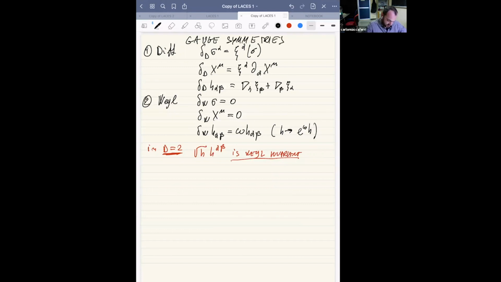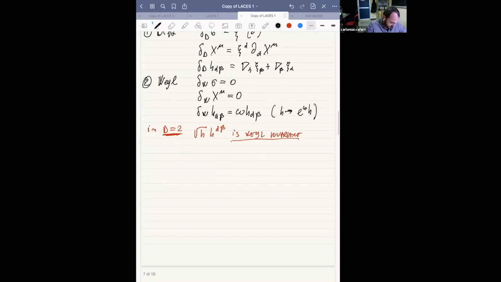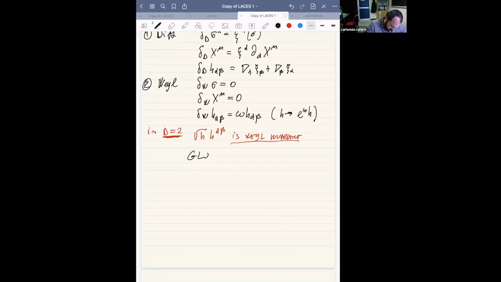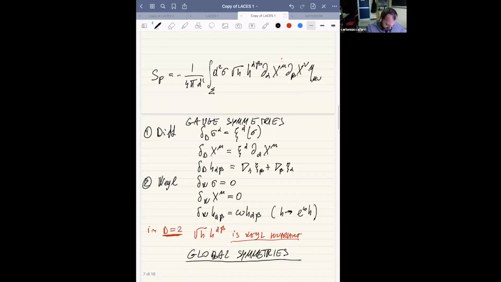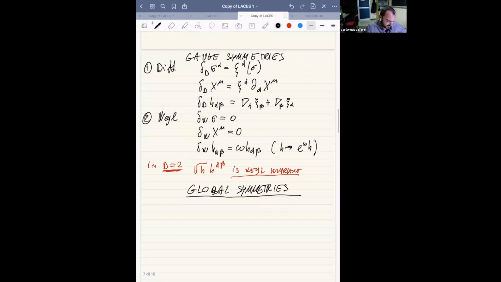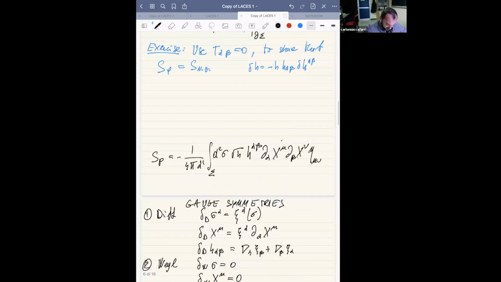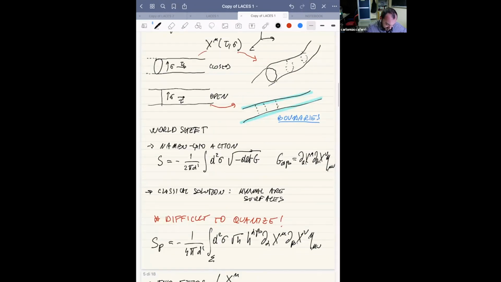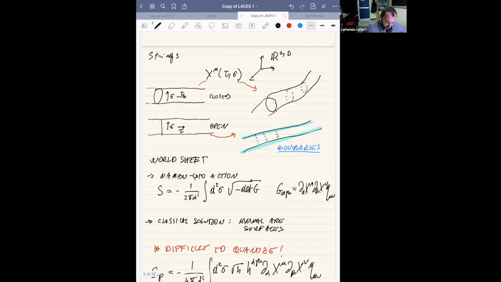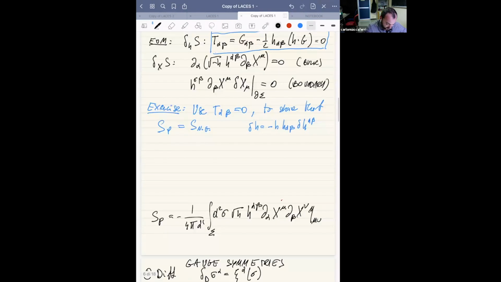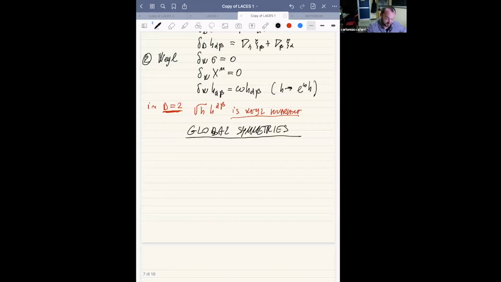And now this action has also global symmetries, of course, from a two-dimensional point of view. The global symmetries are essentially inherited from the properties of the embedding space where I have embedded my worldsheet here. Okay, so this is R^{1,D-1}, so there is Poincare invariance. The Poincare invariance arises as a global symmetry on the worldsheet.